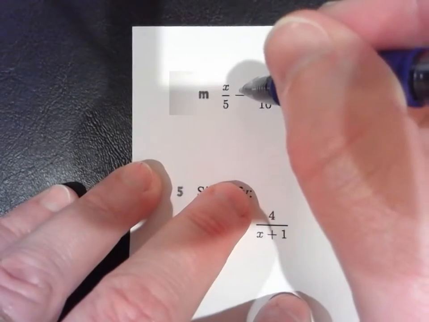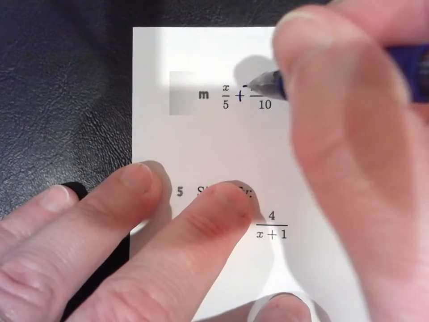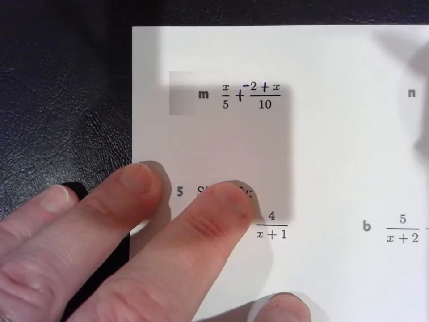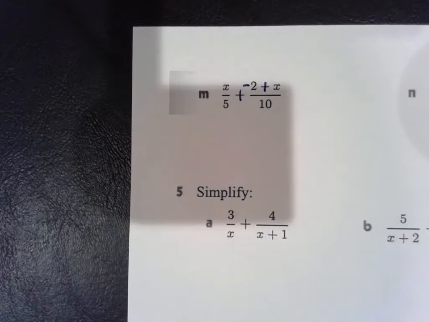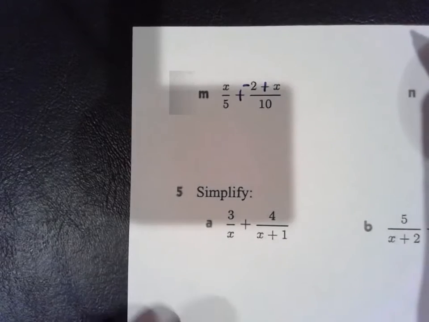So when we make that addition, it changes the sign of everything in the top of that fraction. Makes it a -2 and a plus x. Now you don't have to worry about distributing the subtraction sign anymore.